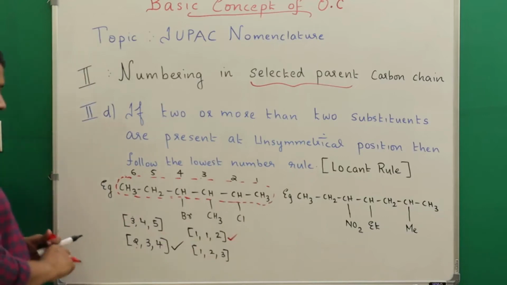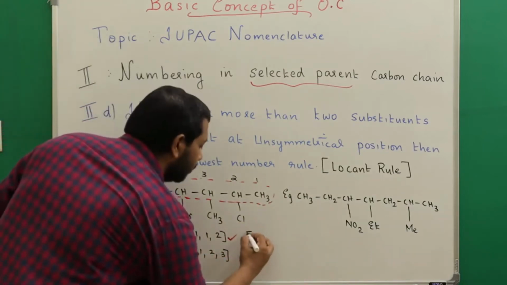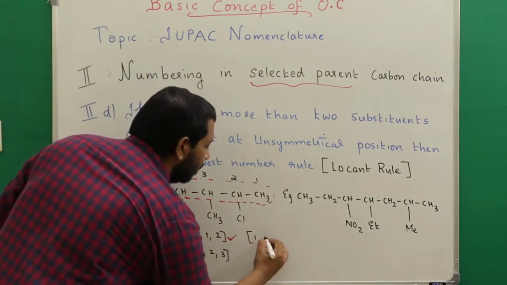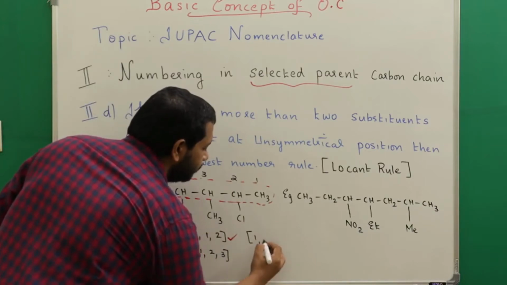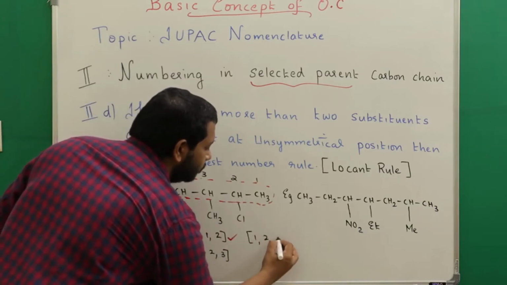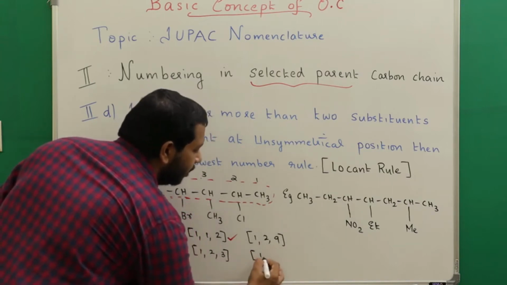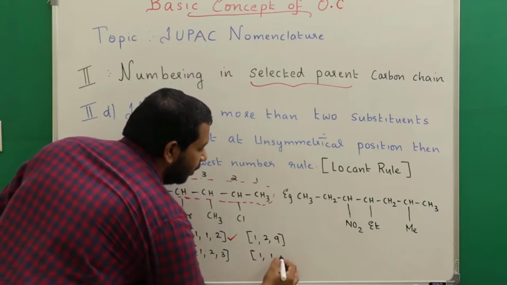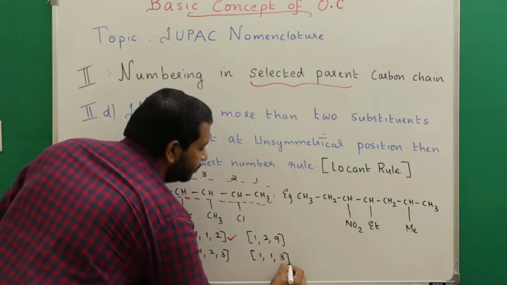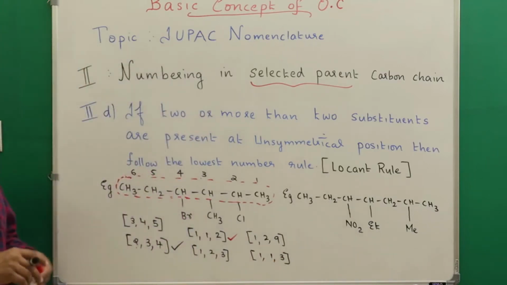I will give you another example. So you have numbers like 1 2 9, and here you have 1 1 3. Now tell me which is the correct locant here.